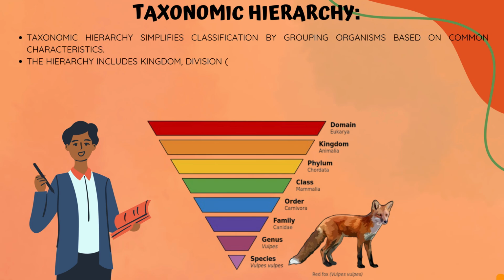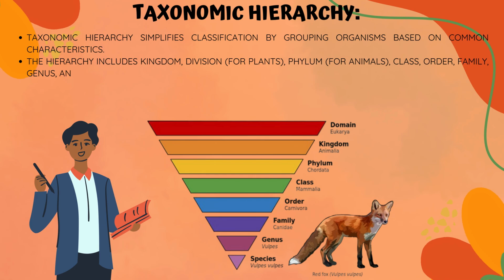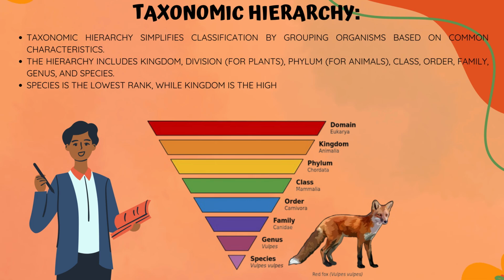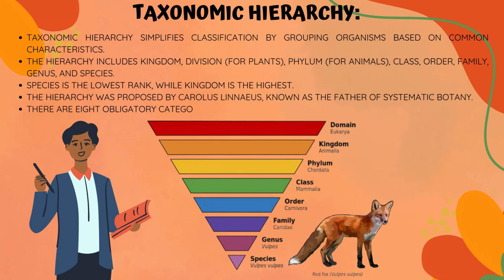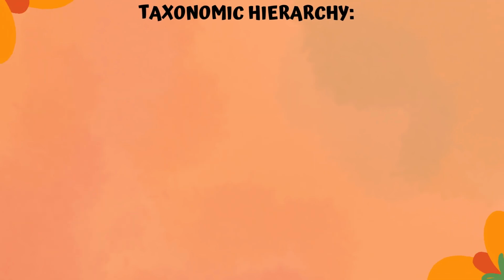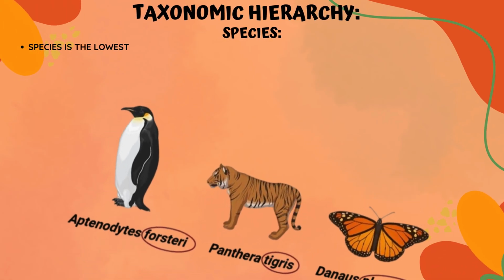The hierarchy includes kingdom, division, phylum, class, order, family, genus, and species. Species is the lowest rank while kingdom is the highest. The hierarchy was proposed by Carolus Linnaeus, known as the father of systematic botany. There are 8 obligate categories in the hierarchy. Now we will study the hierarchy in detail.